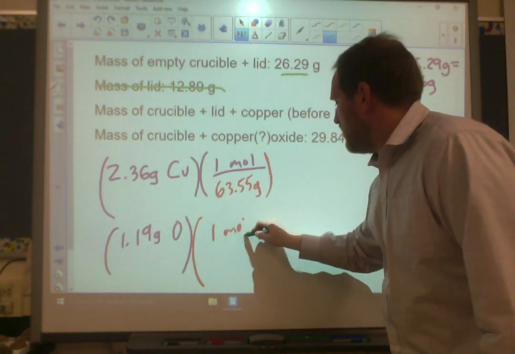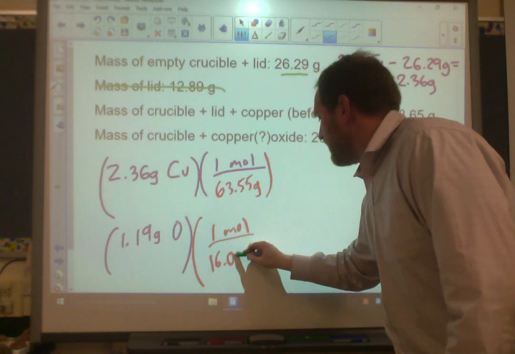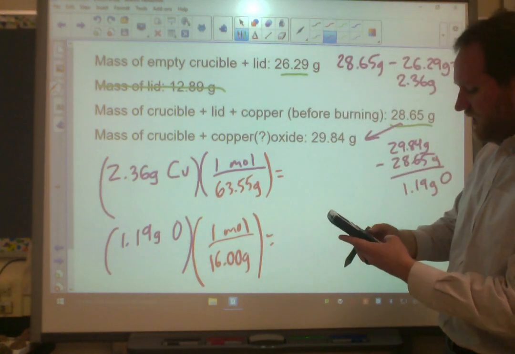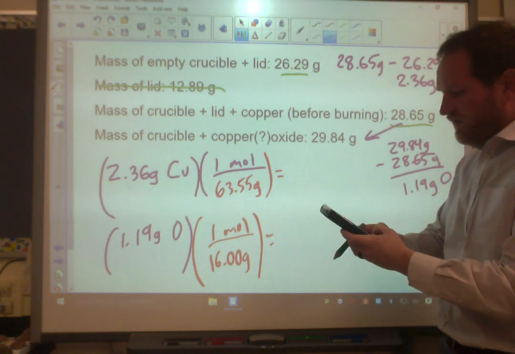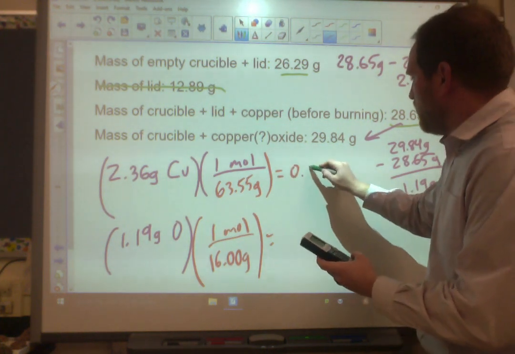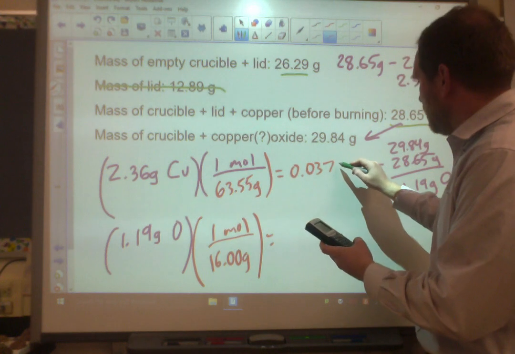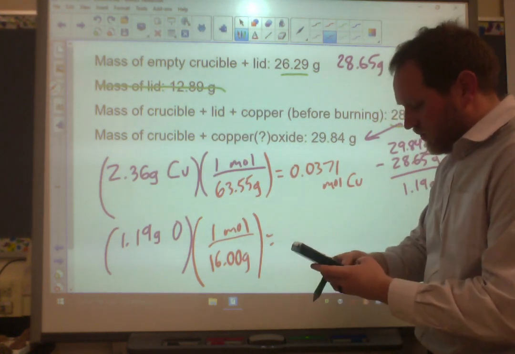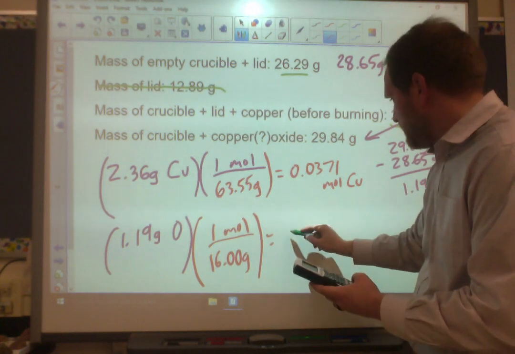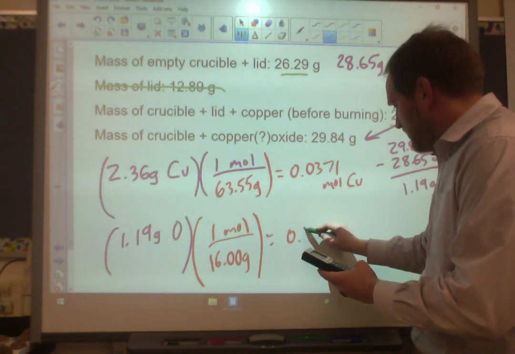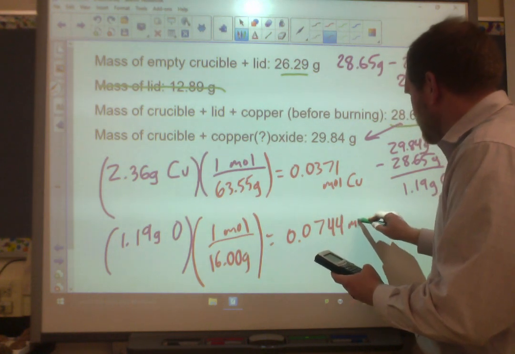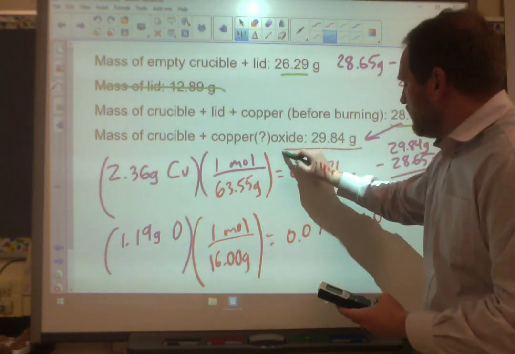Oxygen, 1 mole over 16.00 grams. 2.36 over 63.55 gives us 0.0371 moles of copper. 1.19 over 16 gives us 0.0744 moles of oxygen. We're going to look for a pattern here.